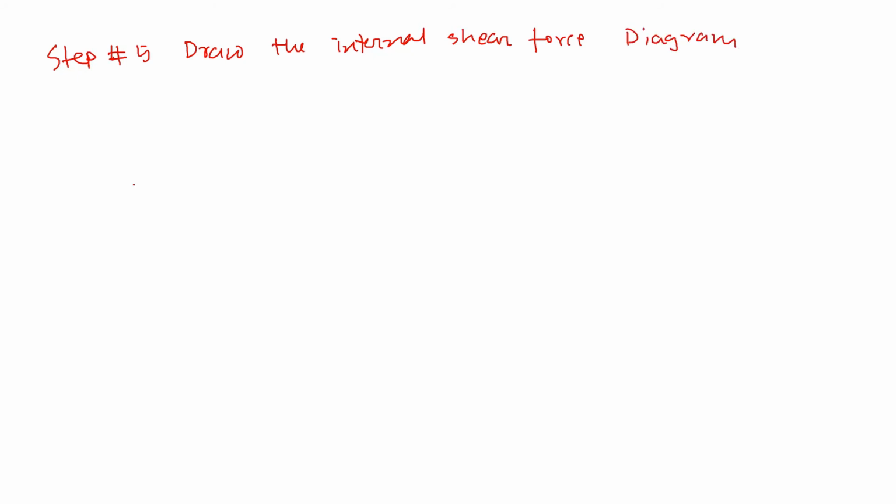So basically make an axis like that, the x-axis, basically the beam distance from left to right, and then the y-axis should start from 0 because it's a static problem, so it's going to go minus and plus so that it can balance.